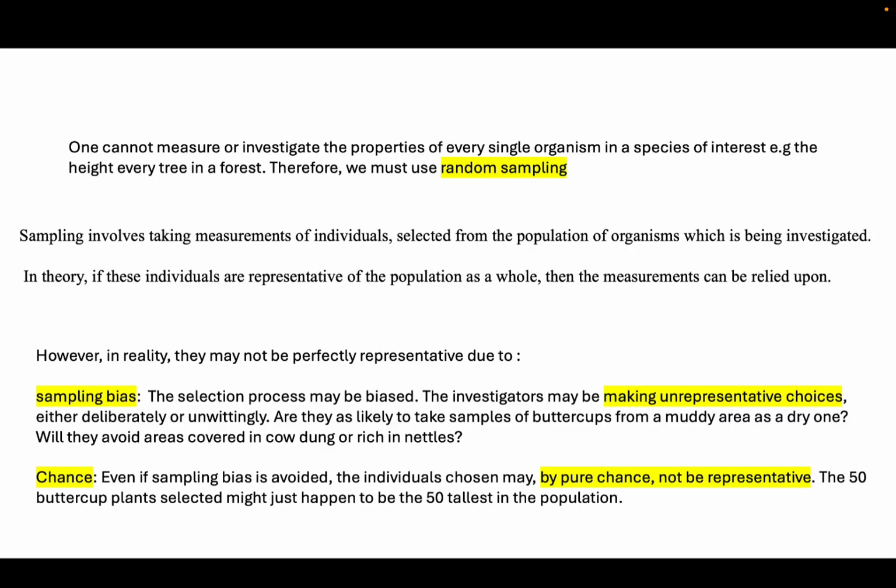And even if there was no sampling bias, there is always an aspect of chance where the individuals chosen aren't representative. For example, the 50 buttercup plants selected might just happen to be the 50 tallest in the population. Even though this is very, very unlikely, it could still happen. Therefore, our sample might not be perfectly representative of the entire population.